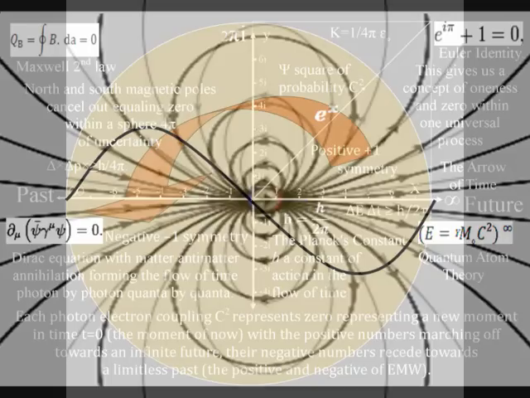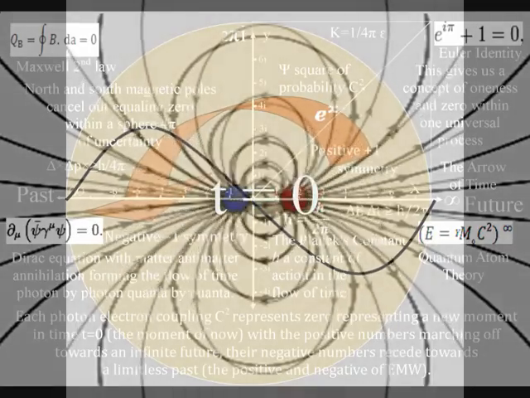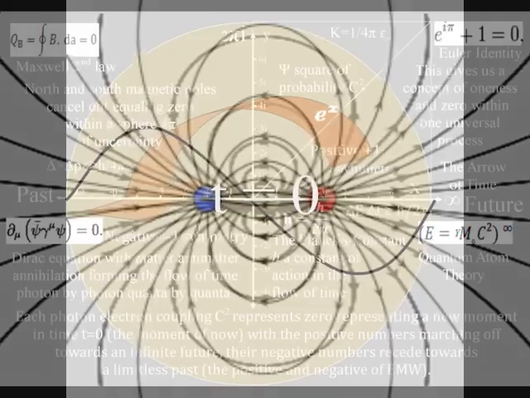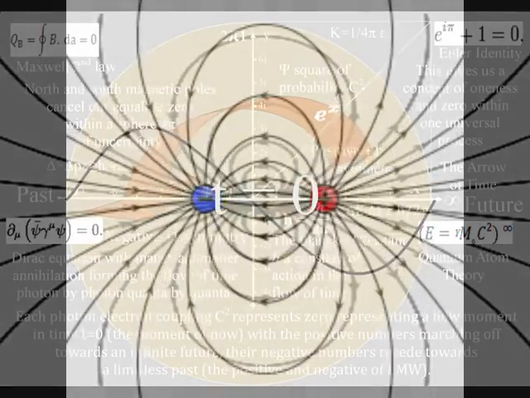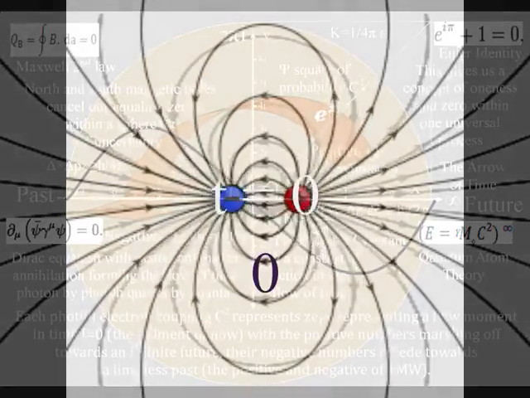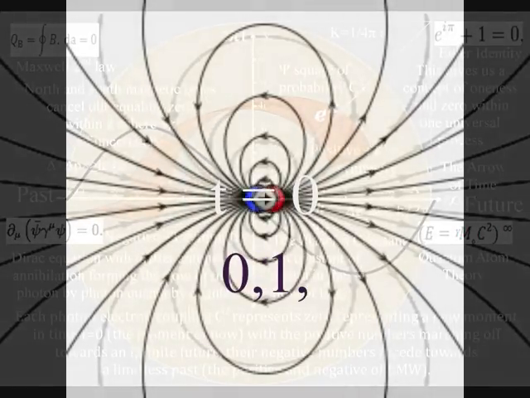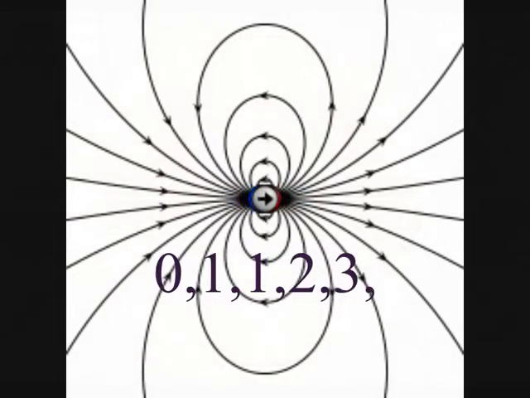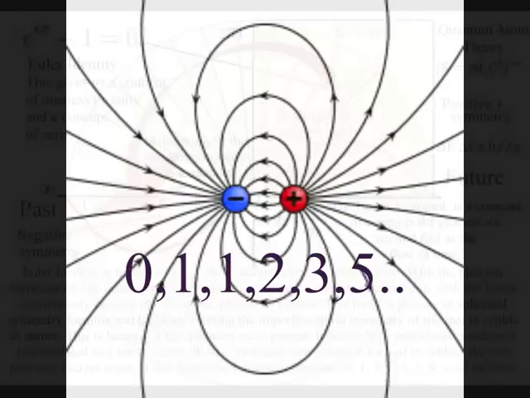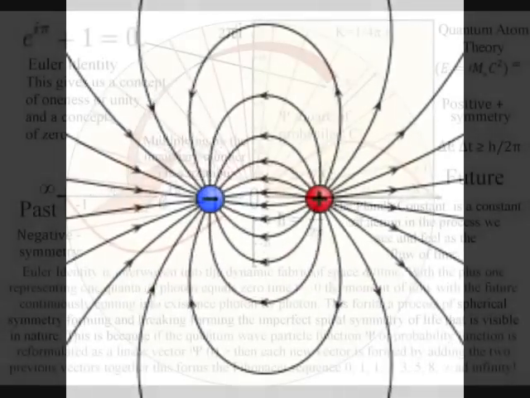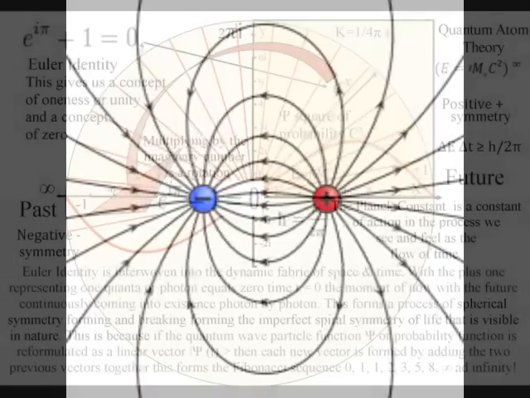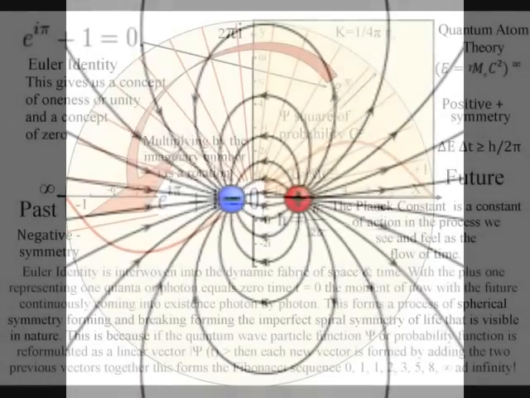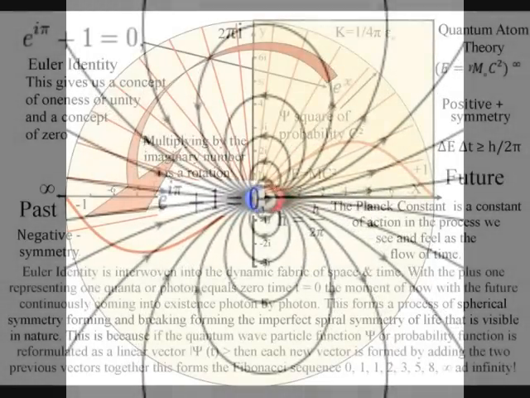As can be seen on the diagram, we already have 0, representing the moment of now, time equals 0, with +1 and -1 representing the positive and negative of electromagnetic waves. Therefore, we even have the start of the Fibonacci sequence in the diagram. This is linked to Euler's identity, giving this beautiful equation a place in the structure of space and time.